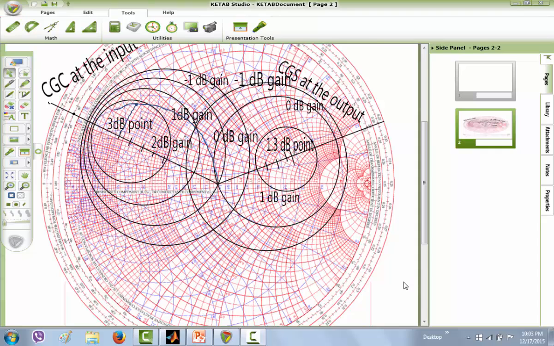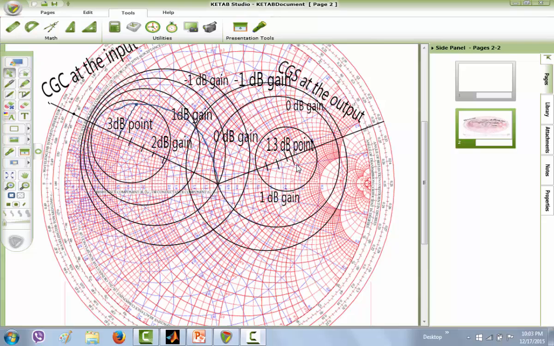Okay, to find the load impedance for the maximum power gain, we start from the 1.3 dB point. First we read its value. So this is the real axis.